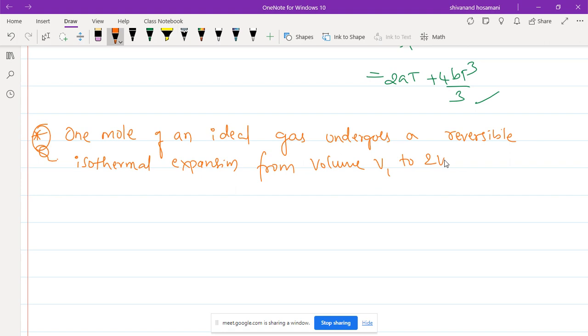What is the change in entropy? Can you calculate this quickly?